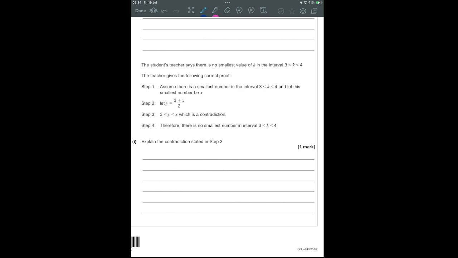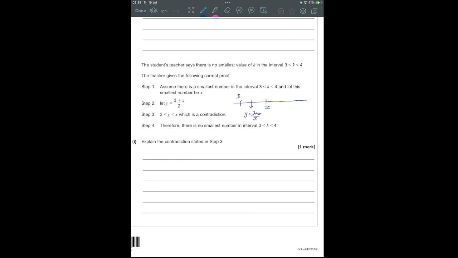The teacher gives the following proof. Assume there is, well, there's my contradiction. Let y be that. Well, that's quite interesting because if we were to imagine a number line, we've got 3, we've picked out some x, and y is then the middle of 3 and x.